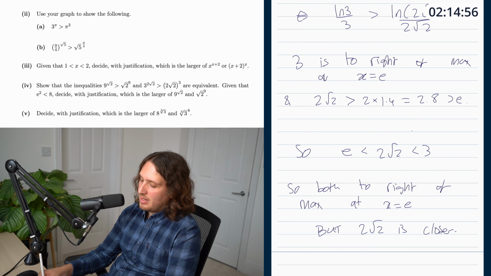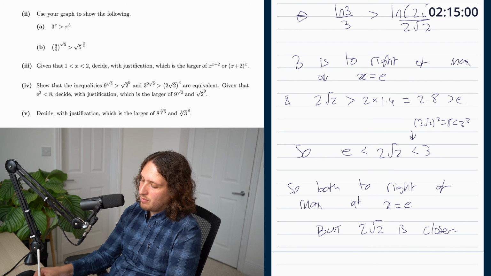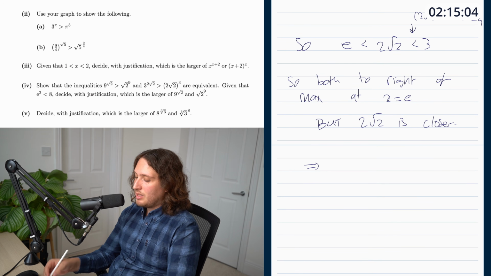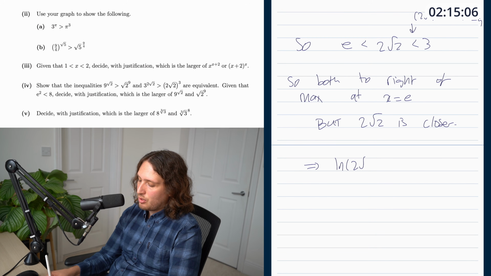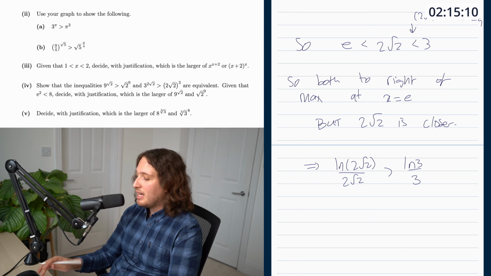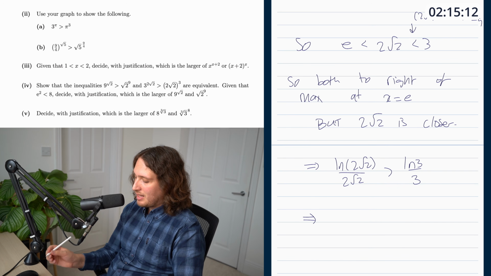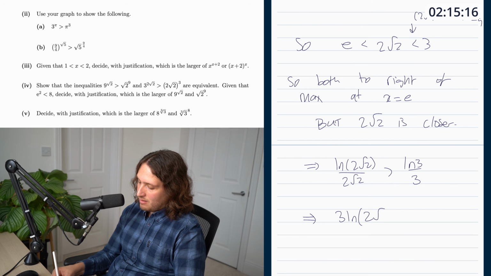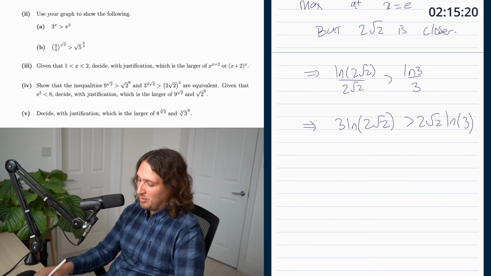And just to justify that, 2 root 2 squared is 8, which is less than 3 squared, which is 9. So if 2 root 2 is closer to the maximum, that means ln of 2 root 2 over 2 root 2 is actually bigger than ln 3 over 3. Again, I'm now worrying that they're going to be really annoying about my reversibility, or that I'm just going to mess it up. So let me just actually do the working backwards.